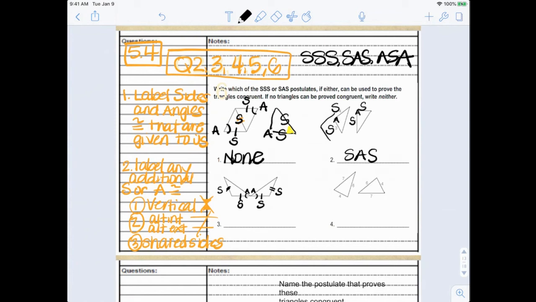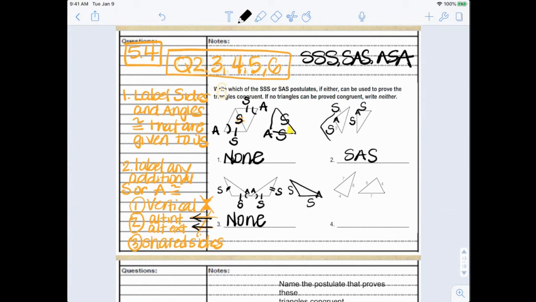No. Do I have any parallel lines? Remember the parallel lines shown by the little arrows on the line. So no. Do I have a shared side? No. So what I have, if I pulled this aside, is I would have a side here, and an angle here. Is the angle between the two sides?